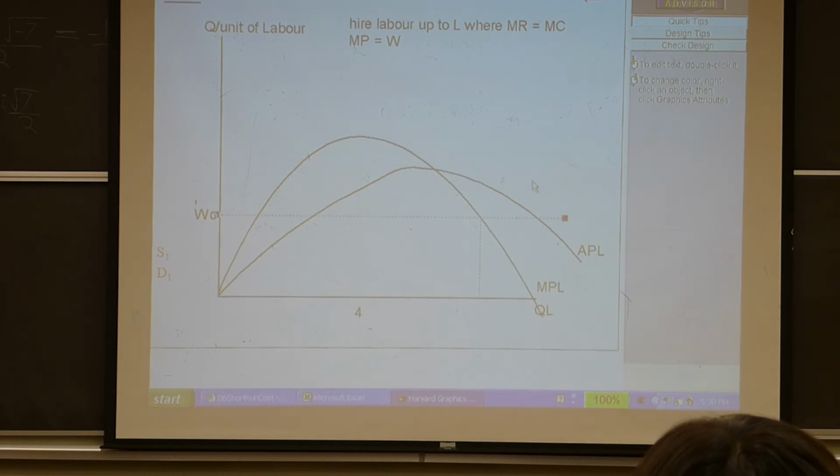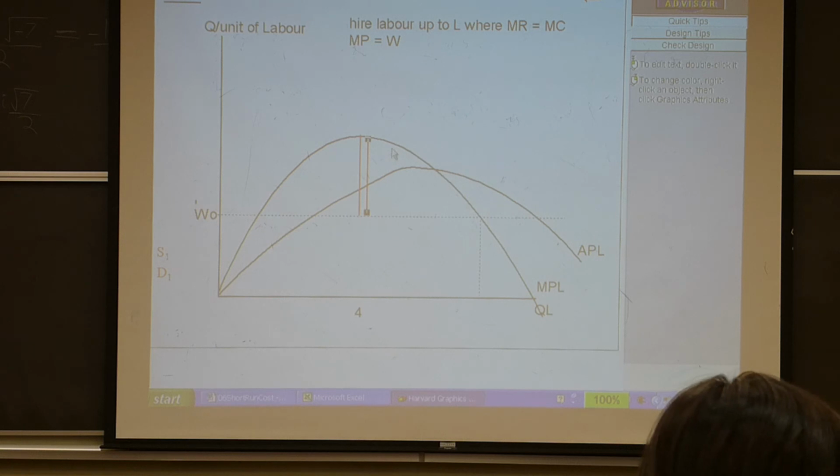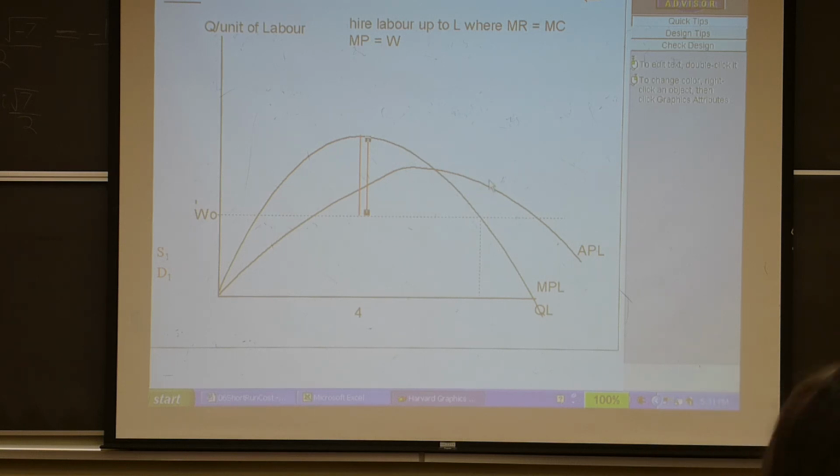How do I know this adds to profit? Because notice now, everybody, I'll just write it like this. If I stop here, producing, I would give up, not gain, this extra profit on the next worker, and this extra profit on the next worker. Everybody?